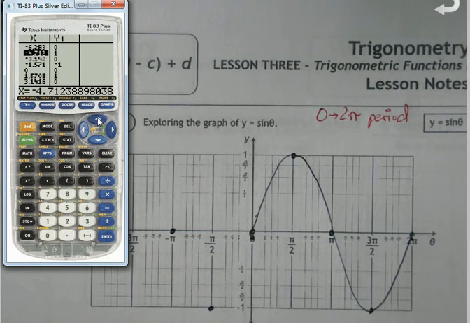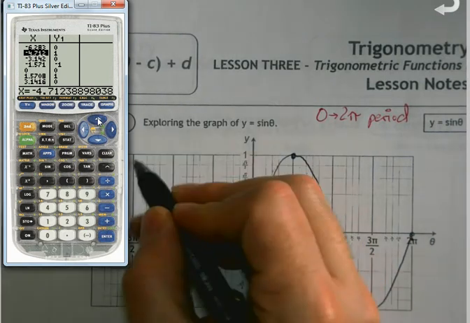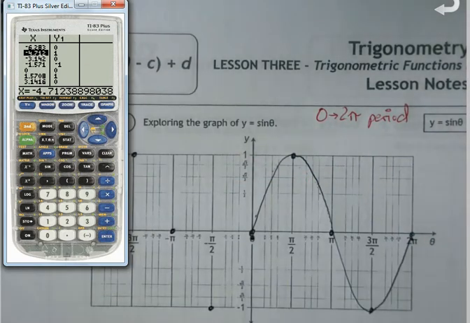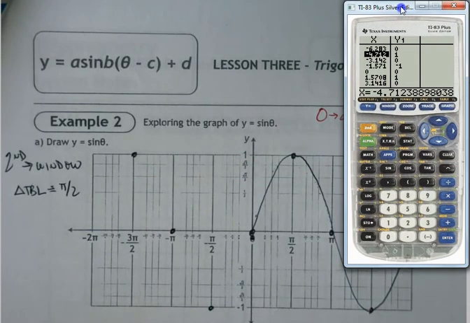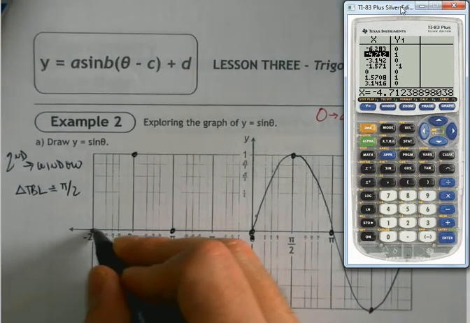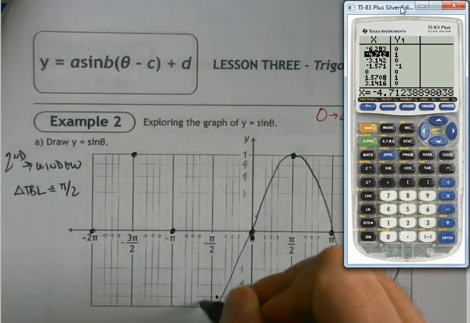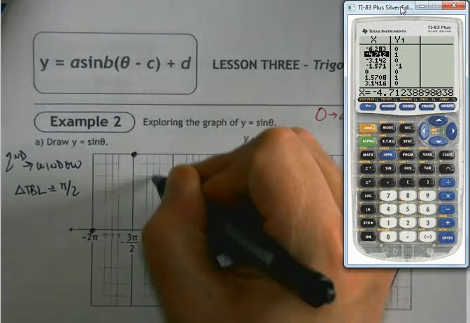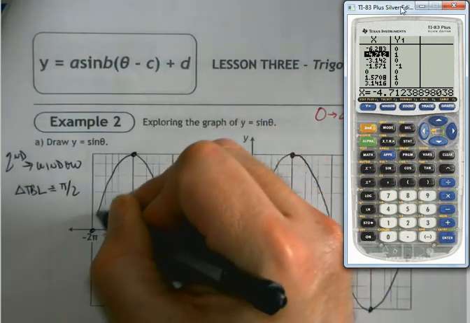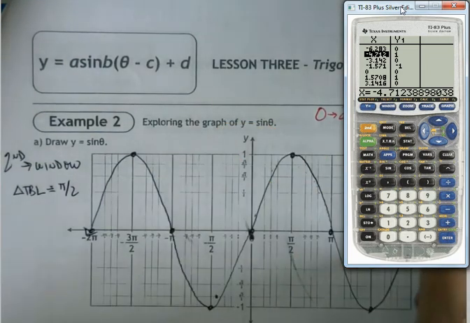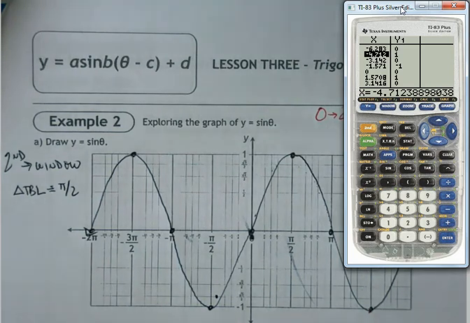It's just getting used to this radian thing. All the way up to 1. Swing this back over. Negative 2 pi is back to 0. So it's just this never-ending curve that just keeps going 0 to 1 to 0 to negative 1 to 0, and it just keeps going and going and going this way.